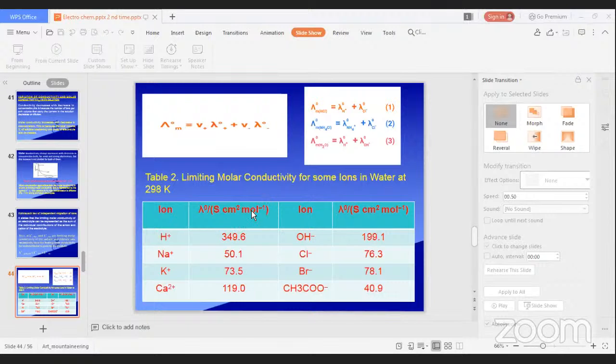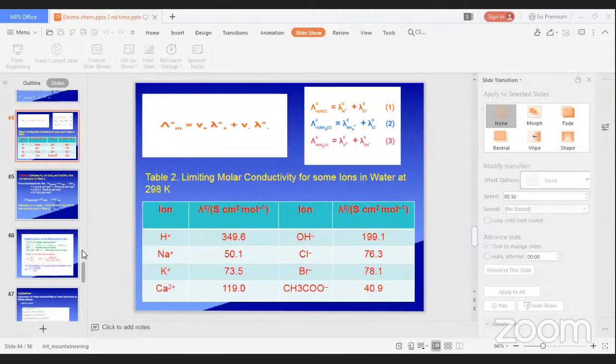These are the units for limiting molar conductivity. For sodium it is 50, potassium 73, calcium 119. Anions are also mentioned in this table: OH-, Cl-, Br-, and acetate ion CH3COO-, with 199, 76, 78, and 40.